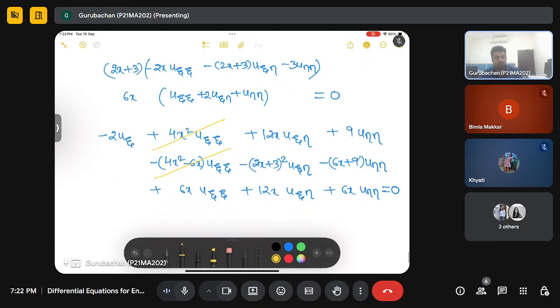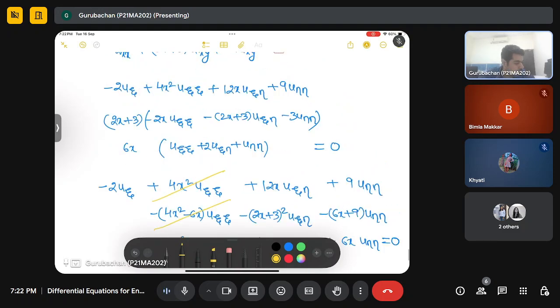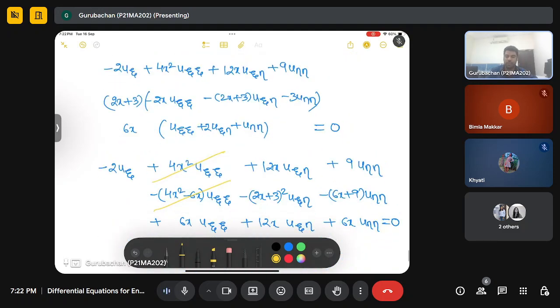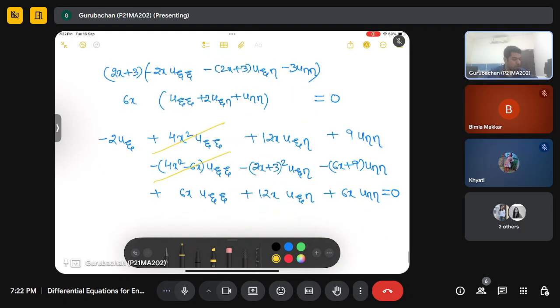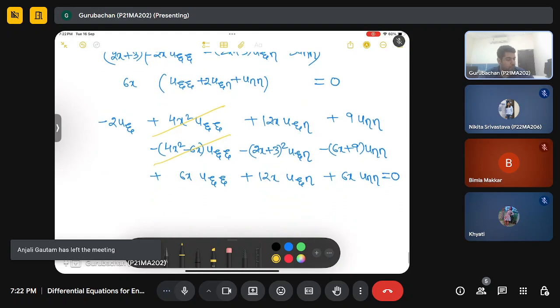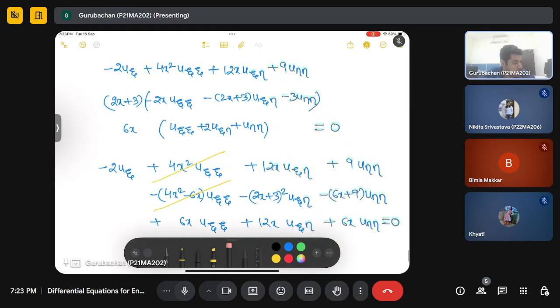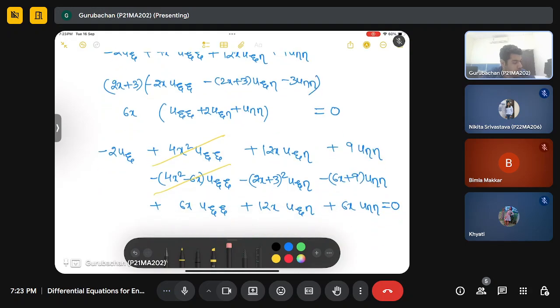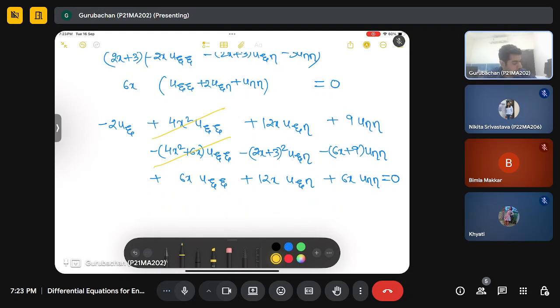Now while solving, we should take care that we do not make a sign error. So from here the 4x square will cancel out, and this u_xx plus (2x plus 3). Okay, so we have just made a sign error, so this will be plus, and these 3 terms will cancel out.